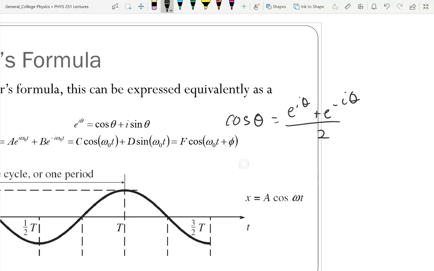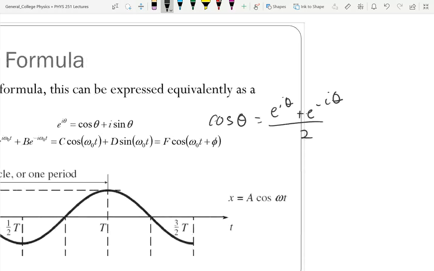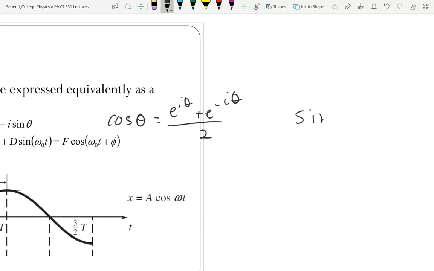And sine theta is e to the i theta minus e to the minus i theta all over 2i. So those are additional definitions for sine and cosine.